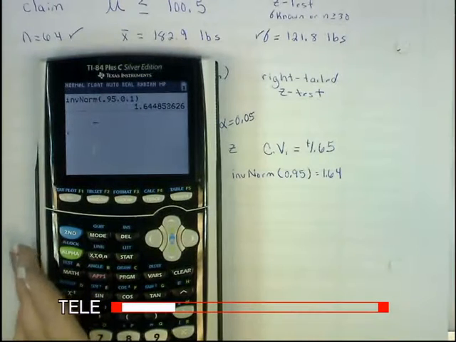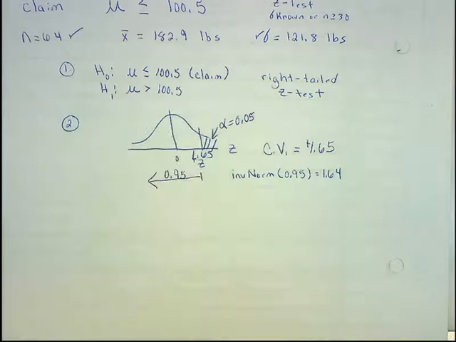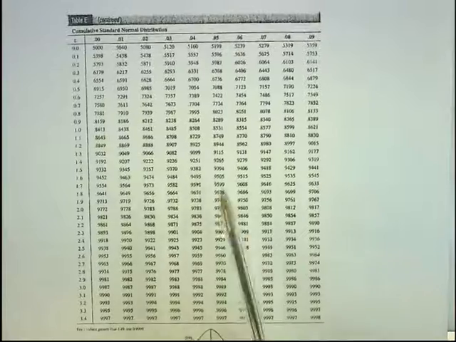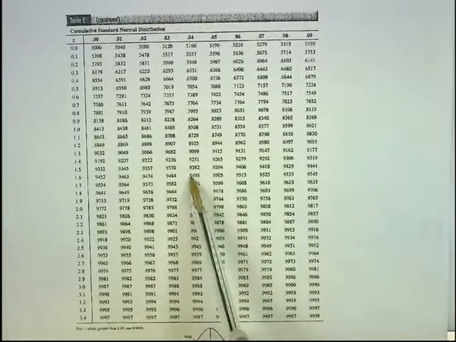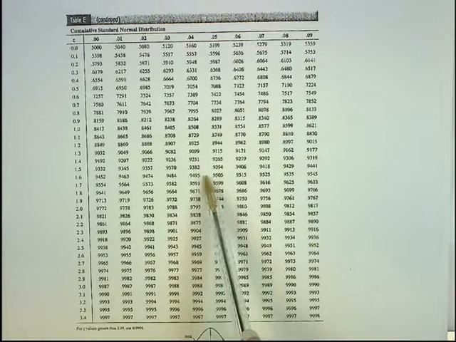Now I will show you the 2-page Z table if we look up an area of 95%. If you go to the 2-page Z table to look up an area of 95%, you will find that that area falls halfway between 0.9495 and 0.9505, and it's here in the middle.